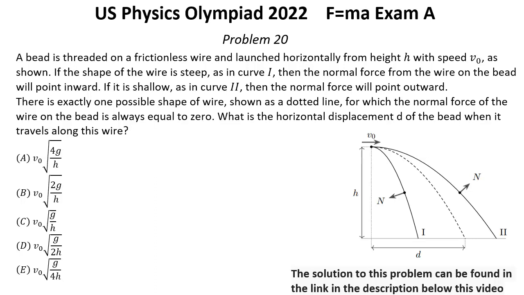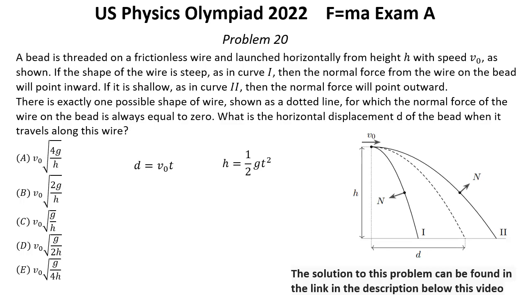Solution for problem number 20. If the normal force always vanishes, then the bead is only experiencing gravity. In other words, it behaves just like a projectile, and the corresponding shape of the wire is a parabola. The bead travels distance d equal to v0 multiplied by time t, and time t we can find from the equation for free fall.